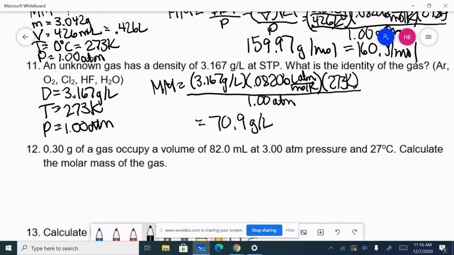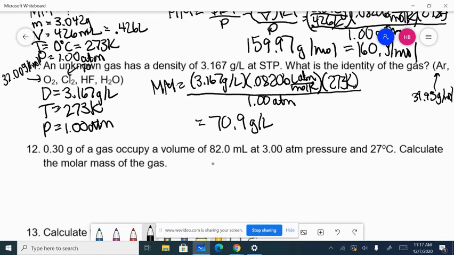Now I have to compare them to the possibilities for the unknowns. So you're going to look on the periodic table of the elements, and you're going to find the gases and add up their molar masses and see which one makes sense. So this one is 39.95 grams per mole, so it can't be argon. Oxygen is 32 grams per mole because it's 2 O's.